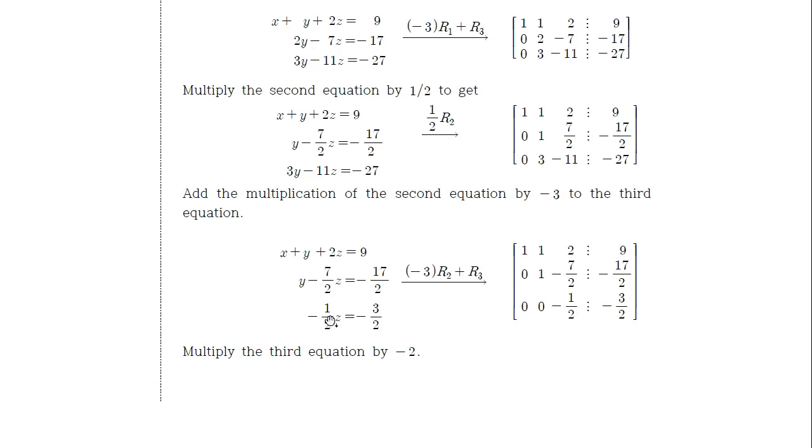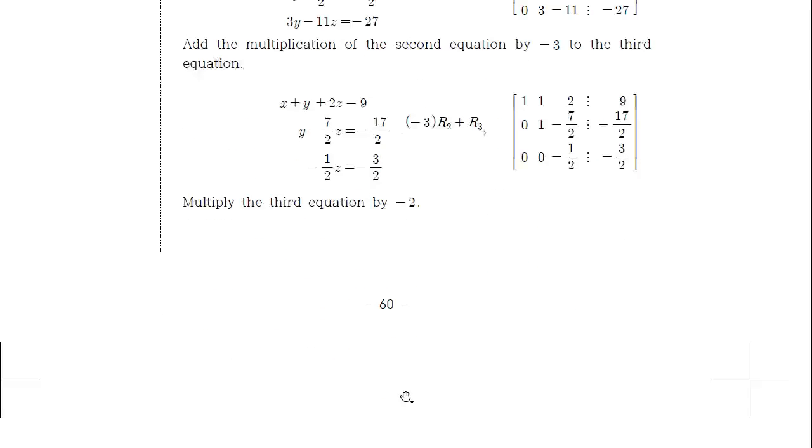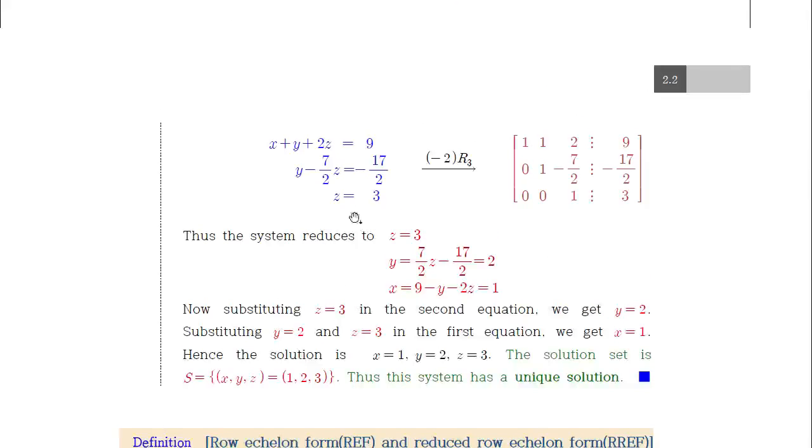And if you divide this third equation by -1/2, then you will have z is equal to 3. Then you substitute this z to here to have y, and you substitute z equals 3 and y is equal to 2 into the first equation to have x is equal to 1. So you had the solution x, y, z as 1, 2, 3 like this.